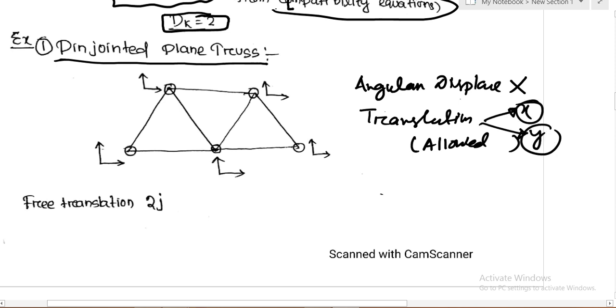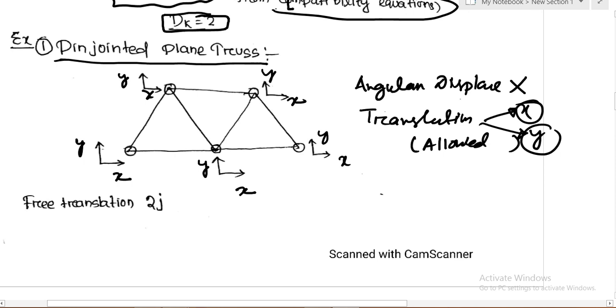So each joint can move in the x direction and in the y direction. This is x direction, this is also y direction, and similarly for all joints there is a possibility they can move in x and y direction.